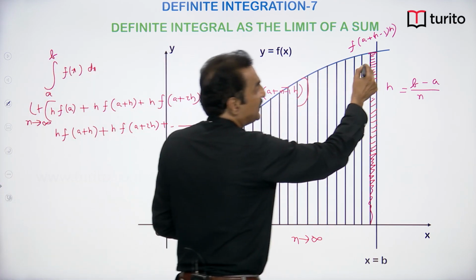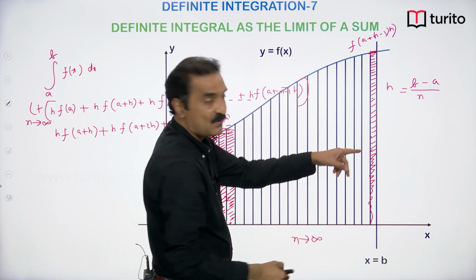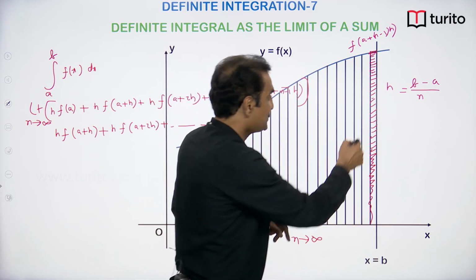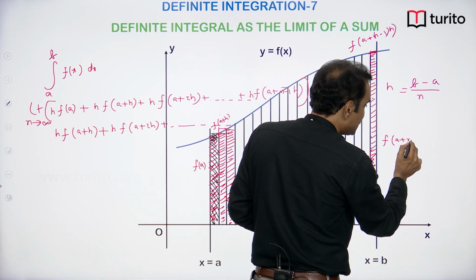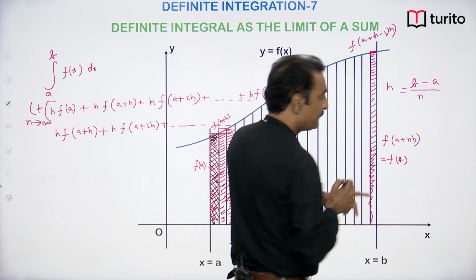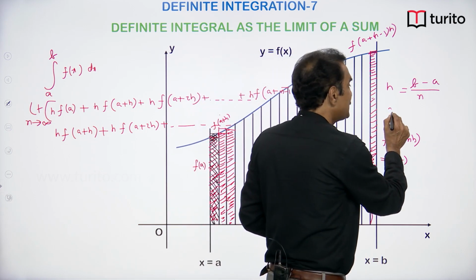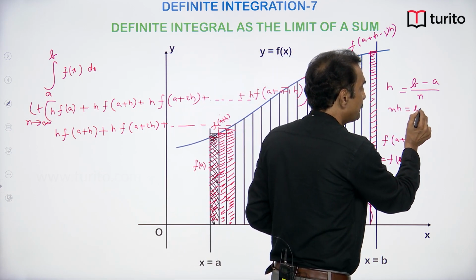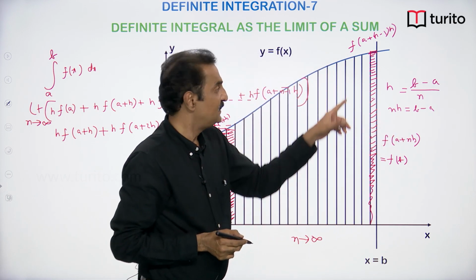If you add the last area like this, by taking the last ordinate, what is it? f of a plus nh. This last ordinate is f of a plus nh, or it is nothing but f of b. See, cross multiplying by n, you will get nh is equal to b minus a. So a plus nh is nothing but b.